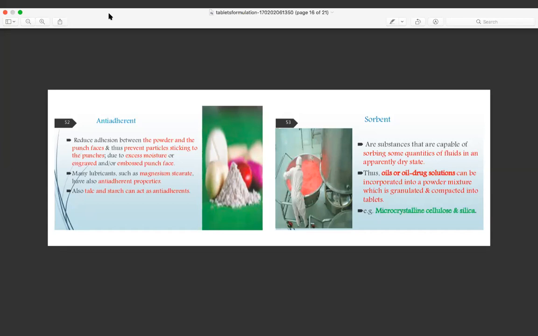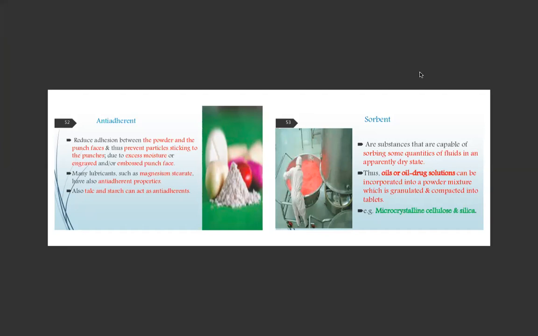So these sorbents will help us to keep the tablets or the granules in the dry state. Hence, these are added during the stage of granulation or during the stage of compaction. Examples: microcrystalline cellulose and silica.